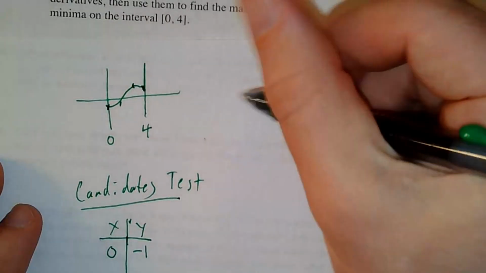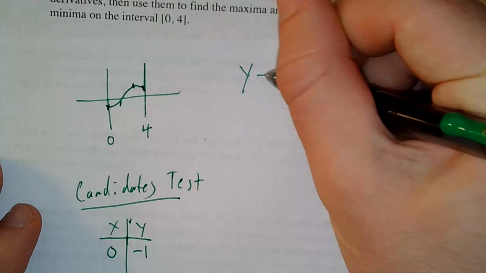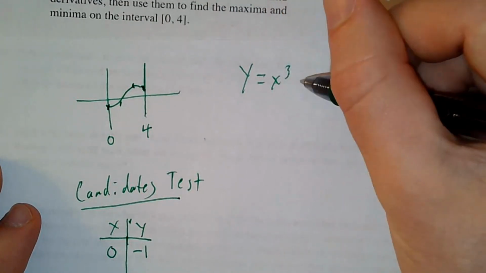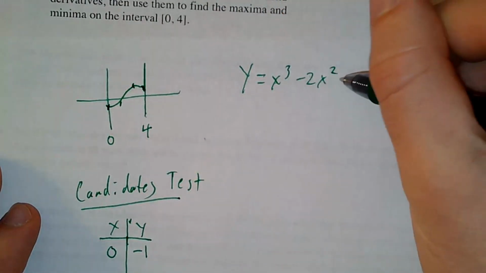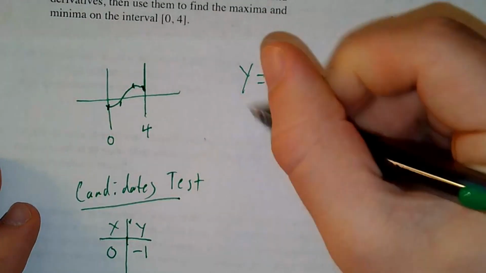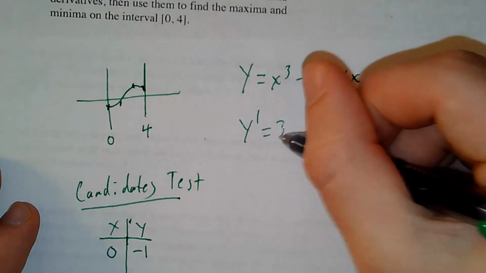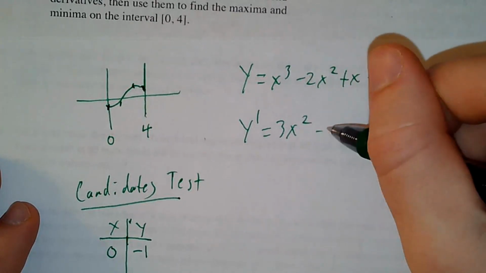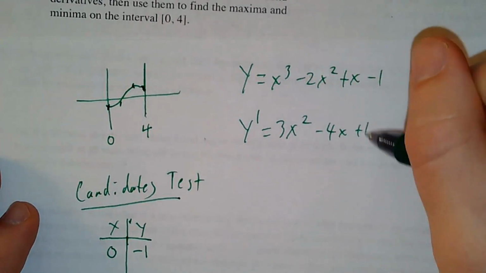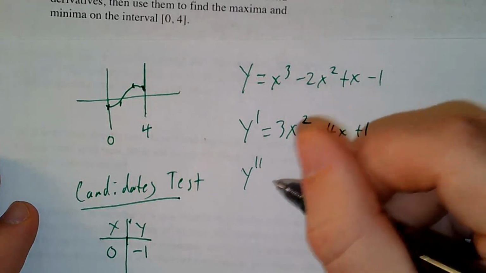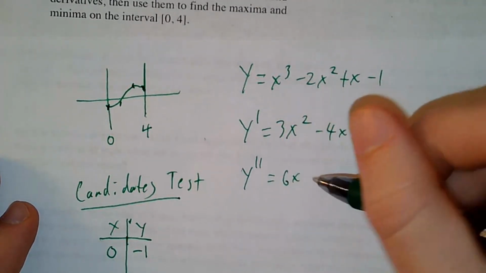Let's start by just rewriting the equation, and finding the first derivative. And then the second derivative, just for good measure, because we will need it later.